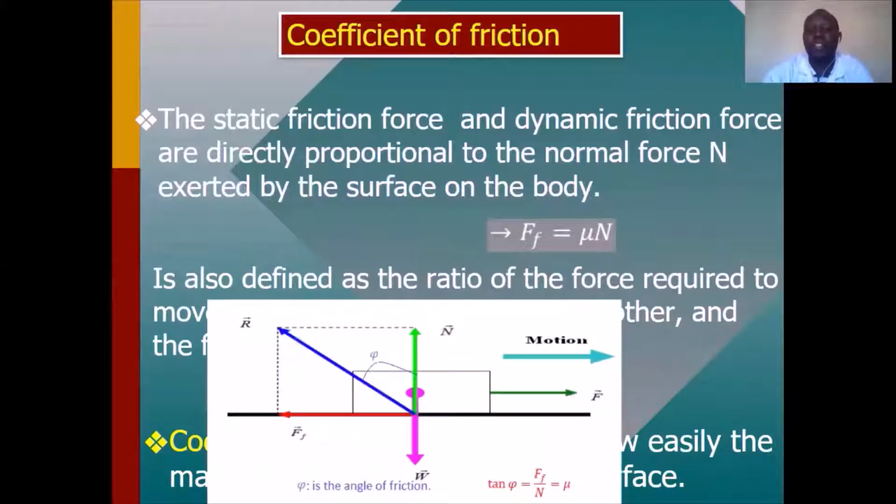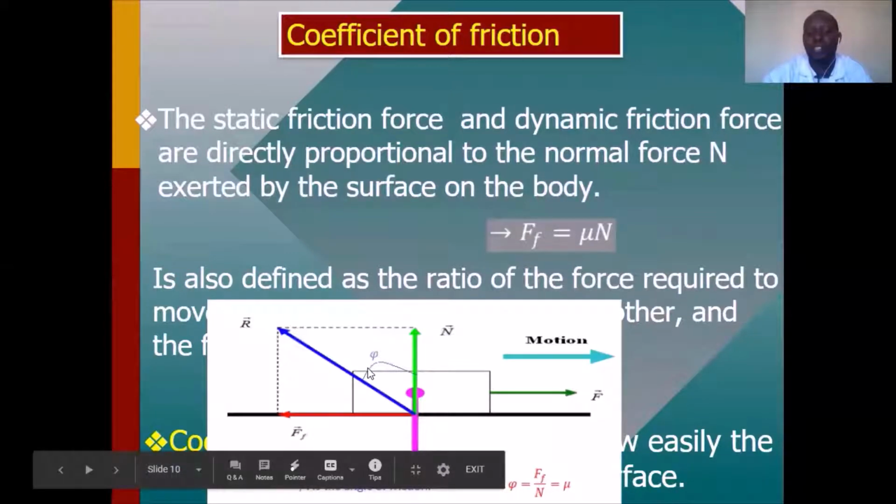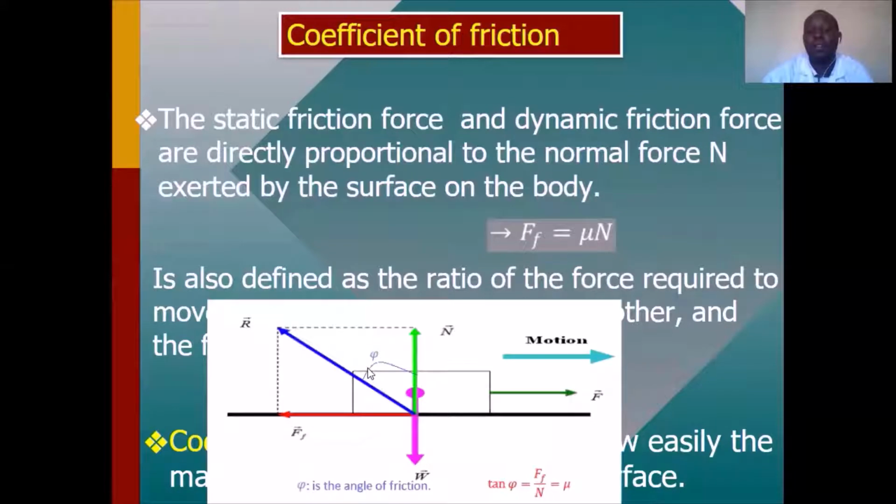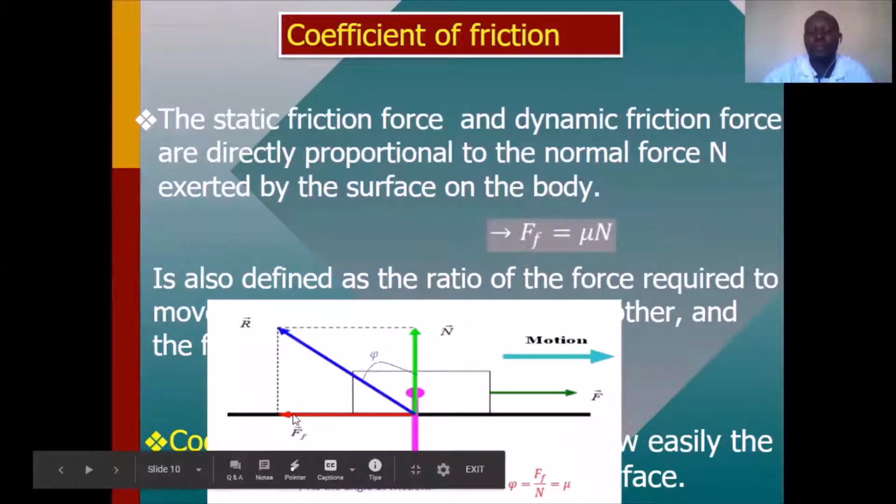The coefficient of friction can also be obtained by using the angle between the normal force and the total reaction force R. This angle between the normal force and the total reaction force is called the angle of friction. It is called the angle of friction because it depends on the friction force.